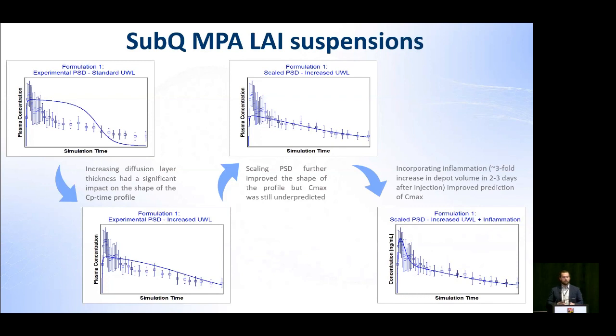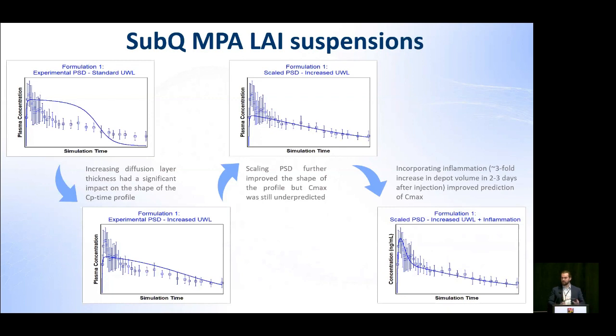So finally, what we have integrated is the effect of inflammation and how there is a transient increase in the depot volume for the first 2-3 days following the administration. And once we consider all of those different phenomena, both on the formulation aspects, but also on the physical response, we're able to have a reasonable description of the observed data in rabbit once again.